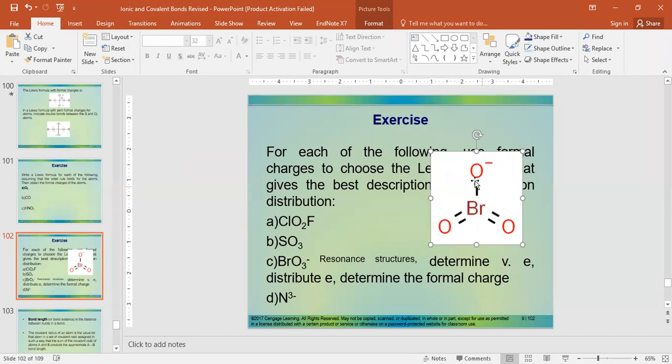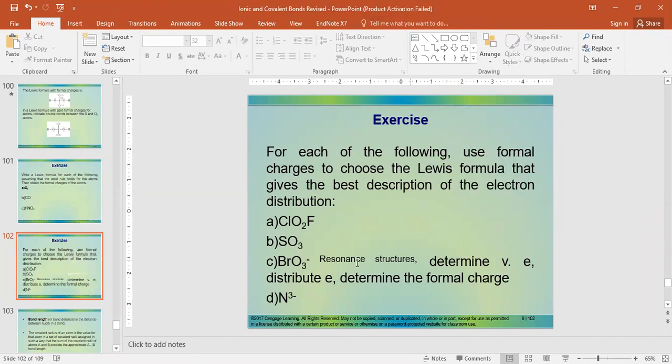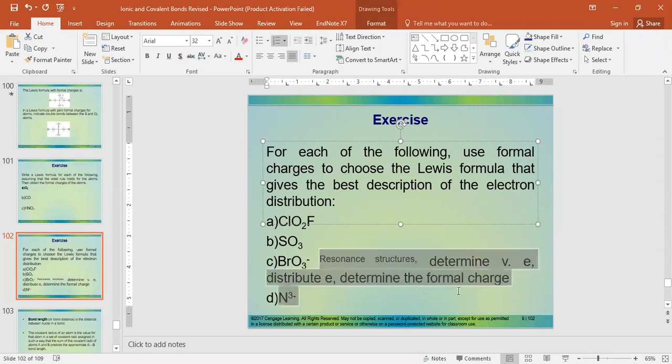So you can calculate that, and then you can see how they are going to be behaving. But whether you are writing the single bond here or here, the formal charge that you're going to get is going to be the same, because after all, they are resonance structures. You try that and then we can see.